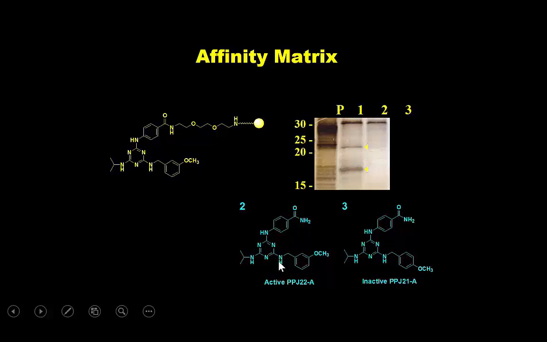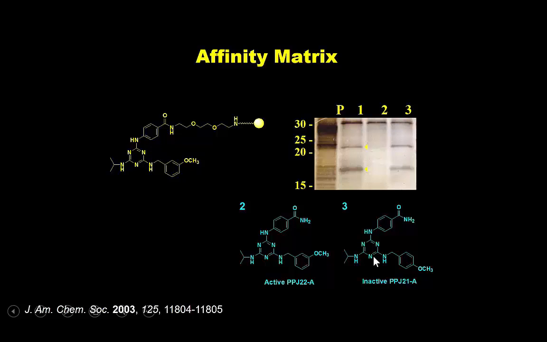Now instead of this active molecule, we add this inactive molecule to this affinity matrix and let them compete. The result is like this. This B and C band still bound to this affinity matrix. What does that mean? The binding affinity of the target protein to this motif is very selective, and it does not bind to this para position molecule, only to the meta position molecule.